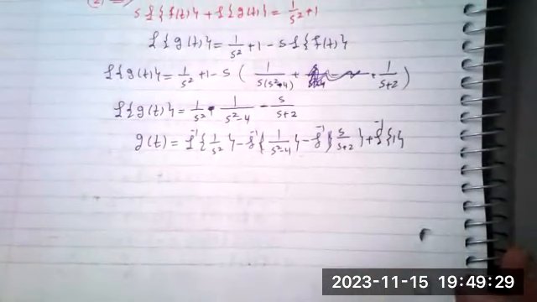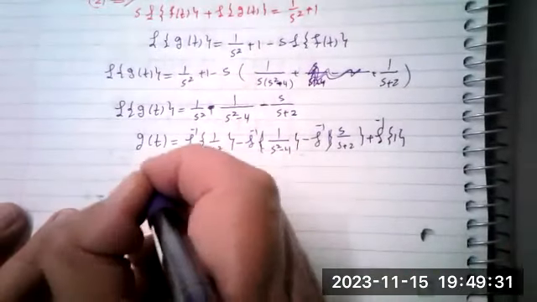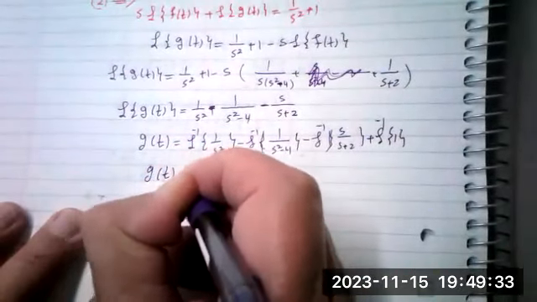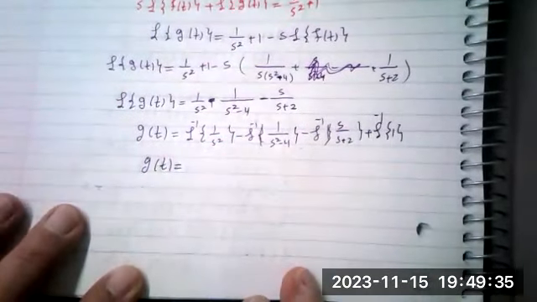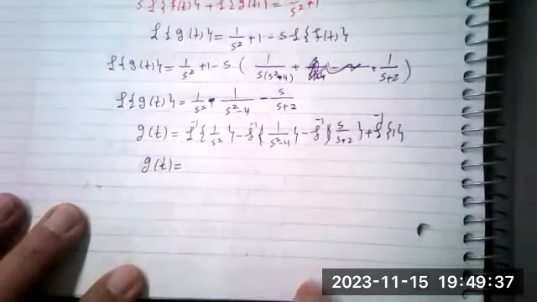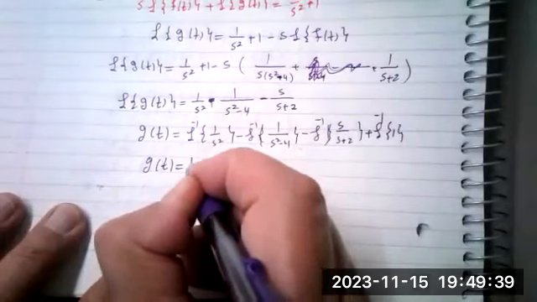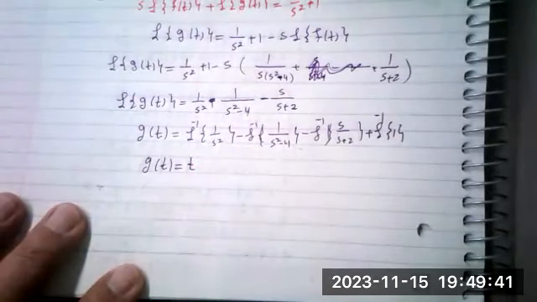So it's not difficult. All of them are almost available. Okay, 1 over s squared, that's t. Next one.